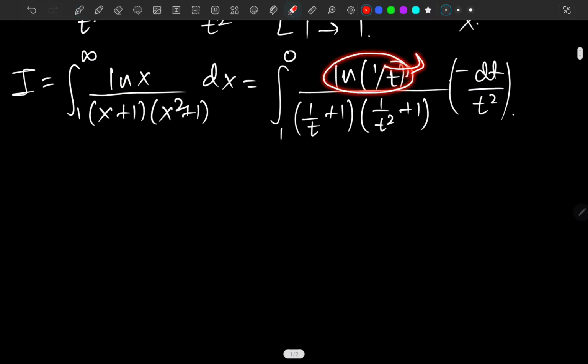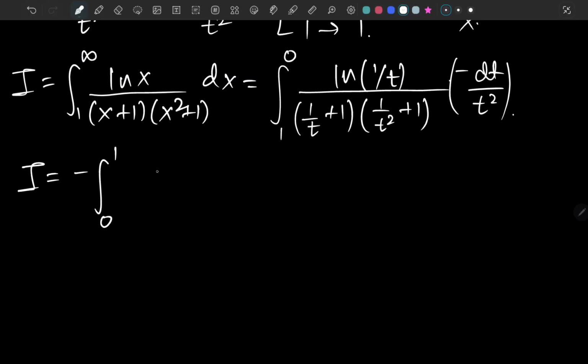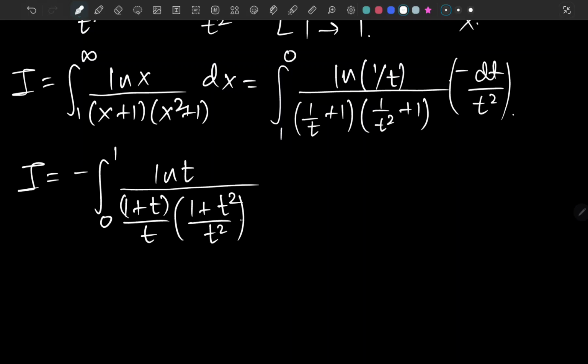The ln of 1 over t is a negative of ln t. So after fixing the bounds, and with a negative from the ln term, we have ln t over (1 plus t over t) times (1 plus t squared over t squared) and dt over t squared.